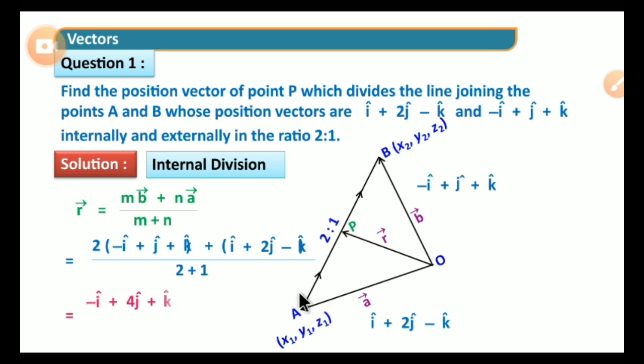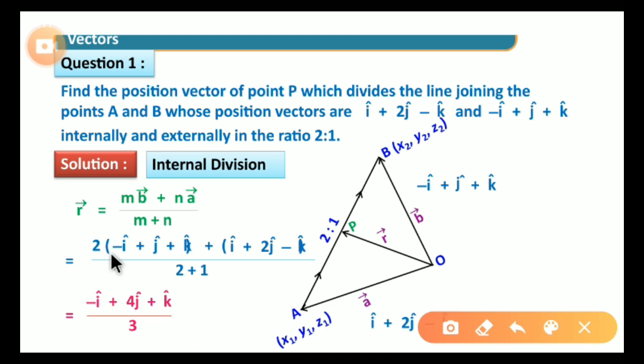Now we can make the simplification. After multiplying and doing the additions and subtractions, we will have minus i plus 4j plus k divided by 3, because minus 2i plus i becomes minus i.